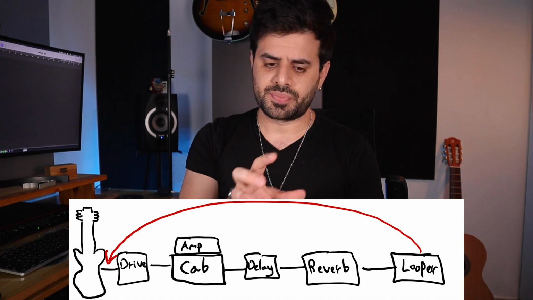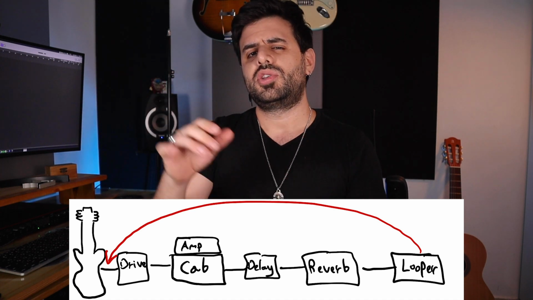But if you put the looper at the beginning of the chain, every parameter that you change after the looper will change the loop. Like if I'm playing a C chord and then A minor with a reverb after the looper pedal, and I'm turning the reverb on and off, the sound will change with the reverb and without the reverb.